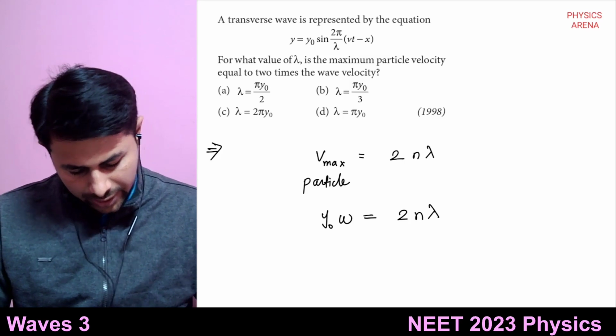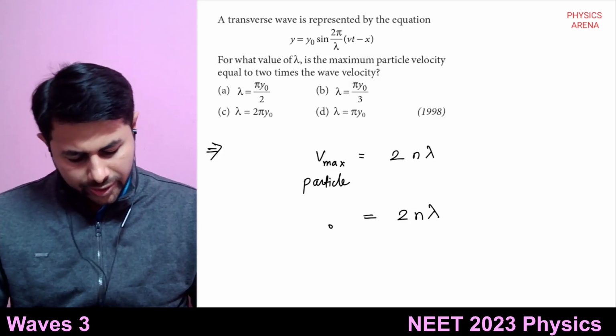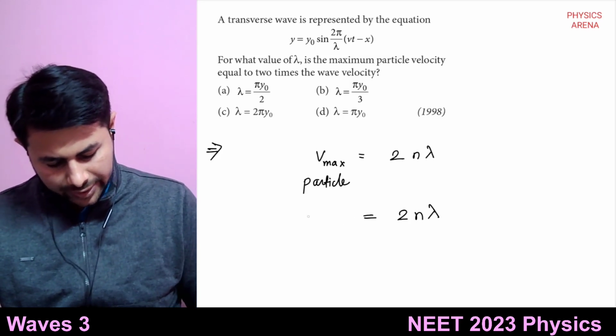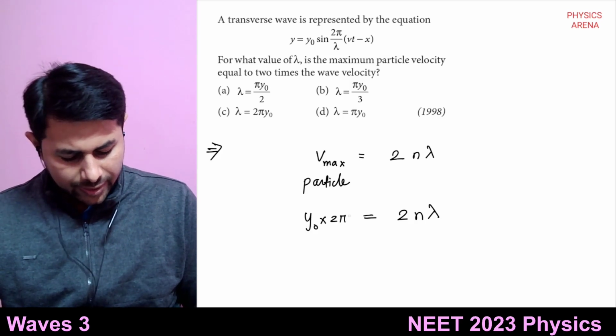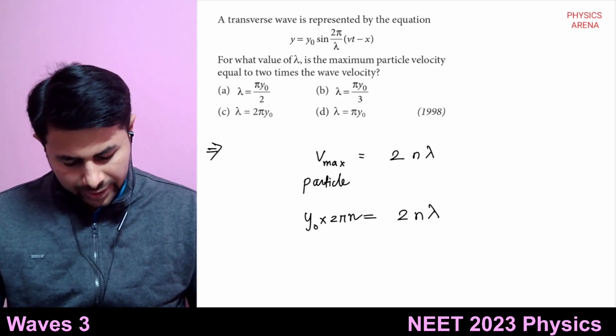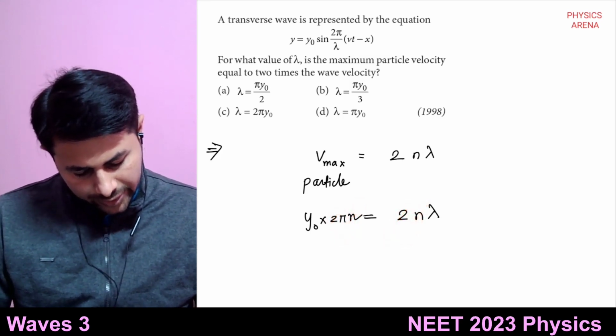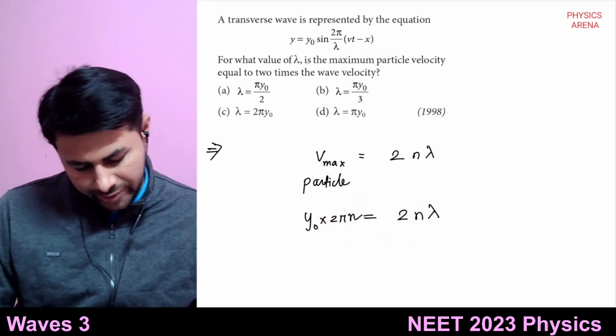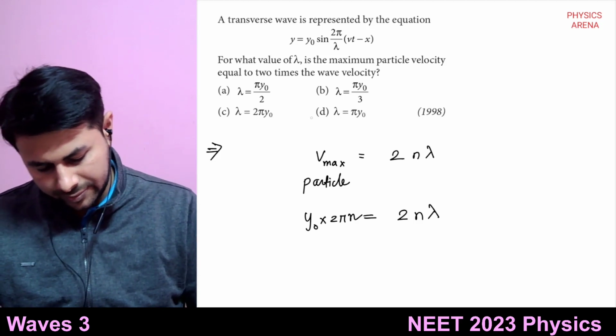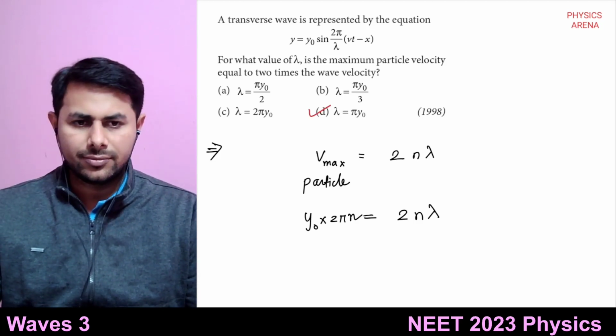Omega can be written as 2 pi n. So y naught multiplied by 2 pi n is equal to 2 n lambda. n gets cancelled, 2 gets cancelled. So lambda equals y naught into pi is the answer. Option D.